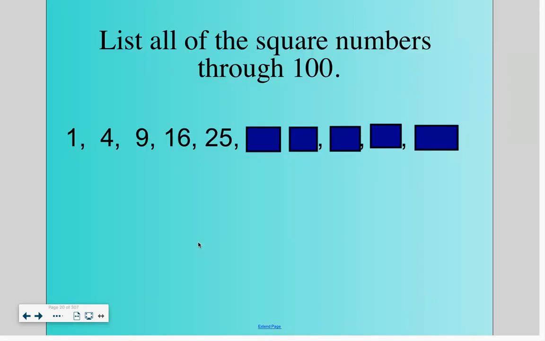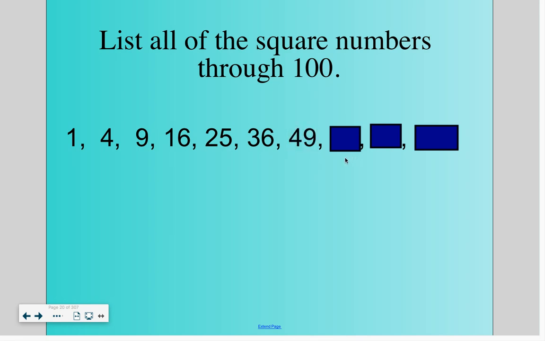Let's see if we can figure out all the square numbers through 100. 1 times 1 is 1, 2 times 2 is 4, 3 times 3 is 9, 4 times 4 is 16, 5 times 5 is 25. What would be the next square number? 6 times 6 is 36. 7 times 7 is 49.